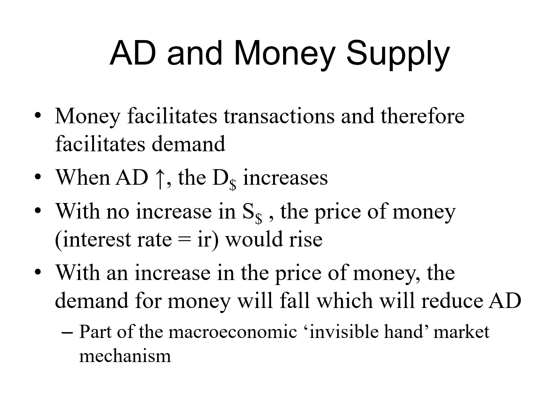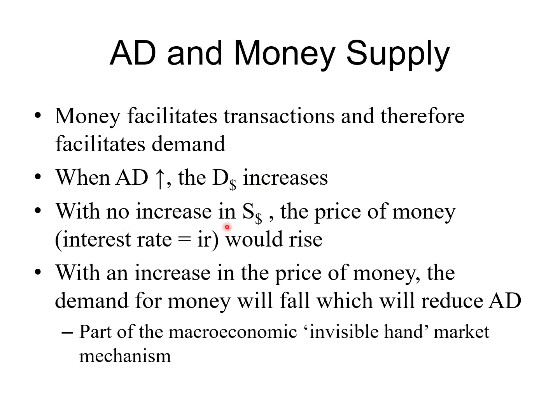We have to get back to the basics of what money does. Money facilitates transactions. When wages go up, the demand for money goes up. When people are buying more, the demand for money goes up. And so when aggregate demand goes up, the demand for money increases.